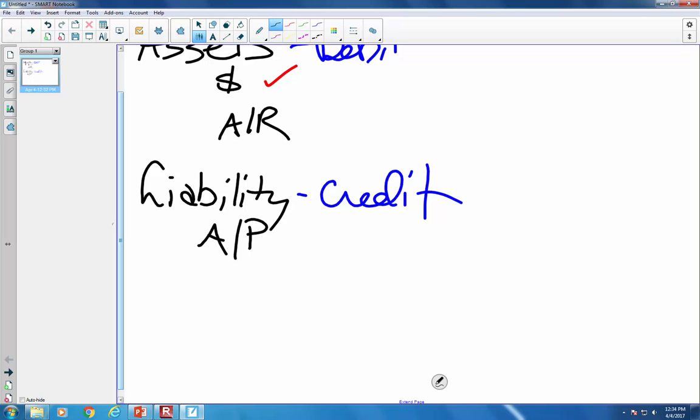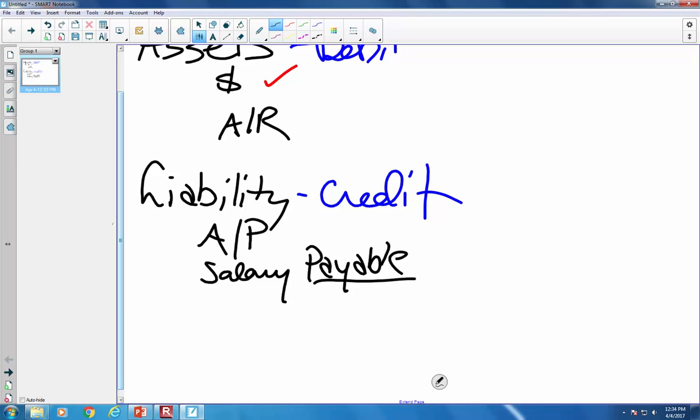Salaries payable, right? So literally anything with the word payable means what? Yeah, it's a liability. I owe it to somebody. How do you make a payable or a liability account go up in balance? You credit it.